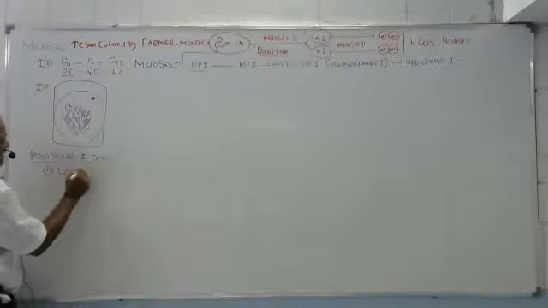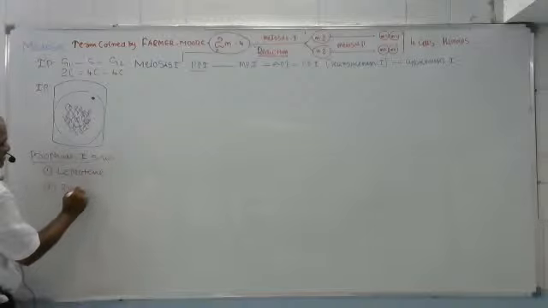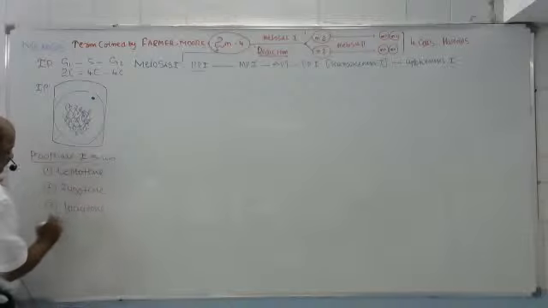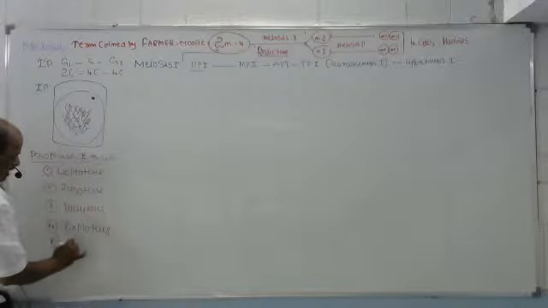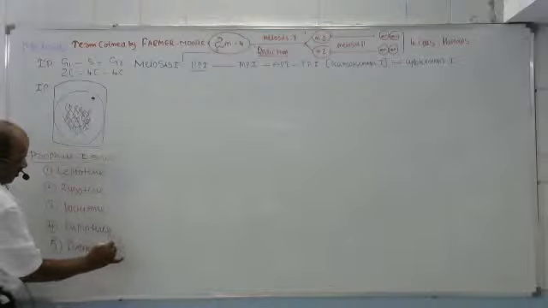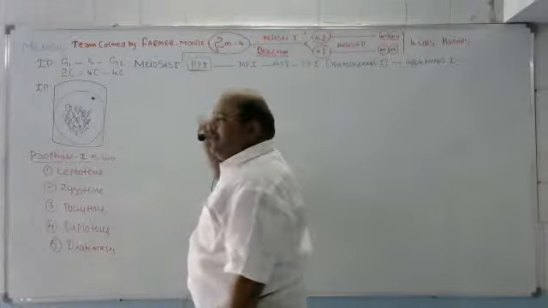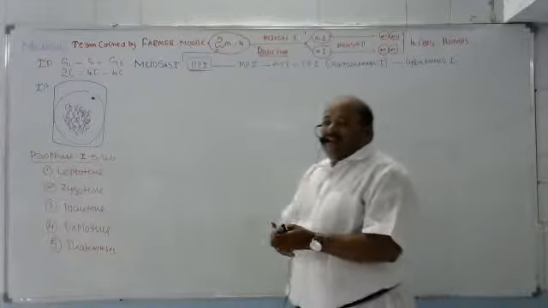One is called leptotene, another is zygotene, the third is pachytene, the fourth is diplotene, and the fifth is diakinesis. When all these 5 subphases are completed, prophase 1 is completed. Now we will start our journey.